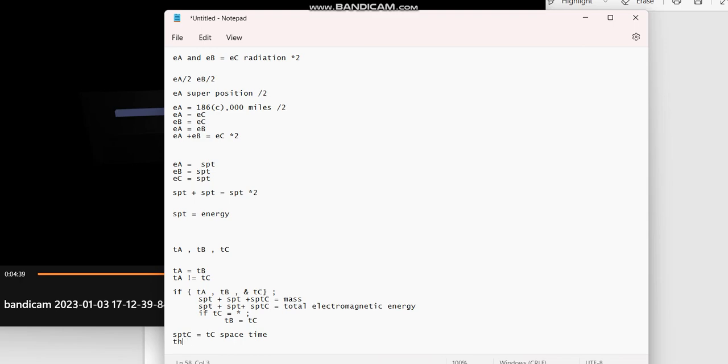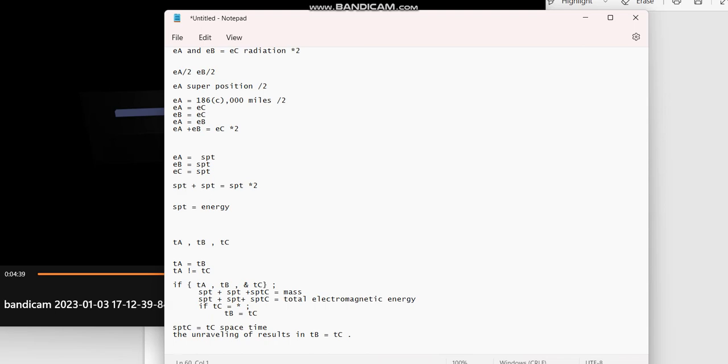The unraveling, that I don't have mathematical terms to put in, results in TB equaling TC. And that is exactly what's going on with teleportation. The destruction of TC, the unraveling of space-time, results in TB's transformation to become TC.